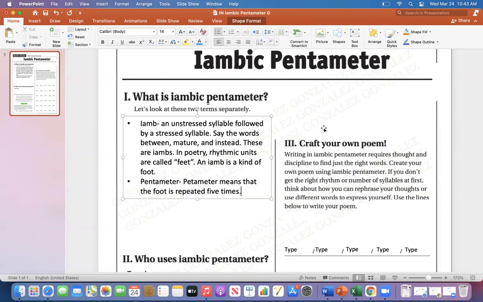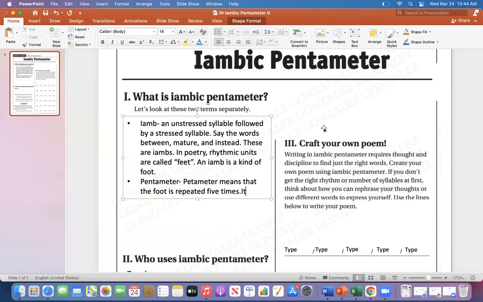So if we were saying mature, mature, mature, mature, mature, that is an iambic pentameter because mature is an iamb and we've said it 5 times, right? That doesn't mean, when we're reading Shakespeare's writing, that we're repeating the same word 5 times. It's the sound of it, the A, B, A, B, A, B.